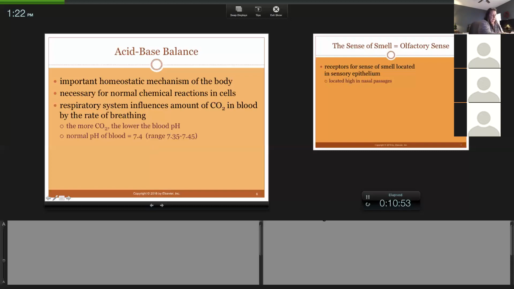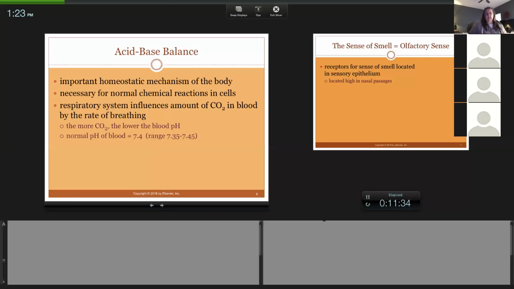I'm going to come back and explain this a little more, so don't worry. Okay, so 40 is normal carbon dioxide. When CO2 goes up, pH goes down, and when pH goes up, CO2 goes down. They're called inversely proportional, meaning when one does one thing, the other does the opposite.